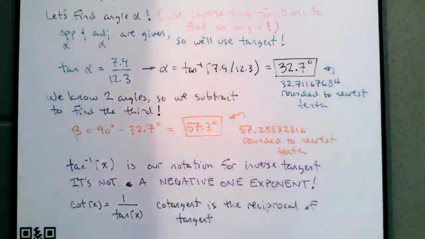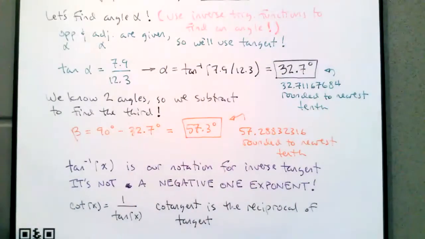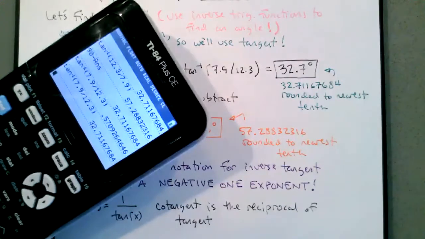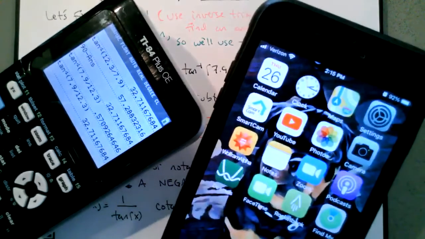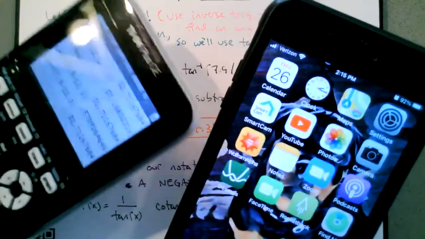One of the things that we might run into is maybe we don't have a TI-84, because we're like, I have a better calculator here, because this one does better graphing than the TI-84.